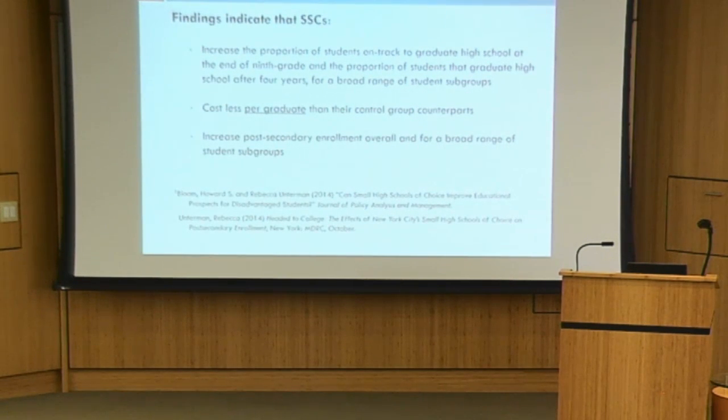If you can really move the needle for kids in ninth grade, perhaps that's the magic bullet. Now the problem, of course, is that the kids for whom the needle was moved in ninth grade still continued to get other things downstream in the SSCs.